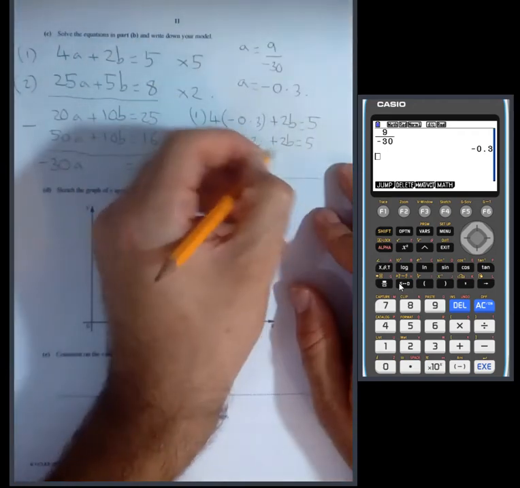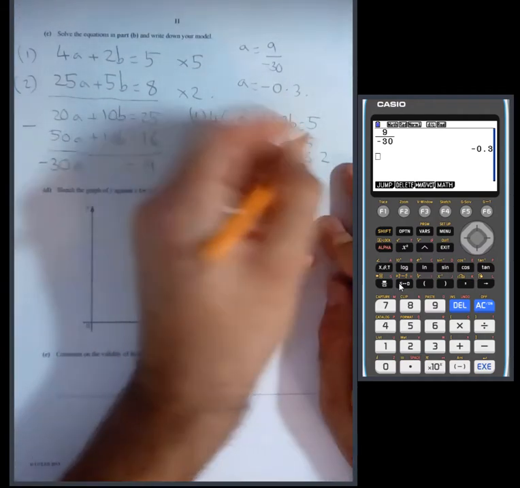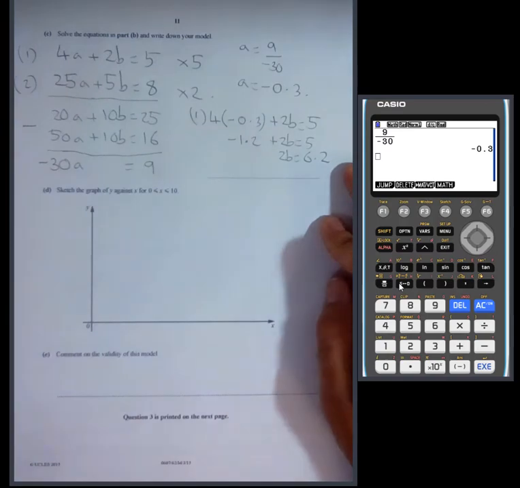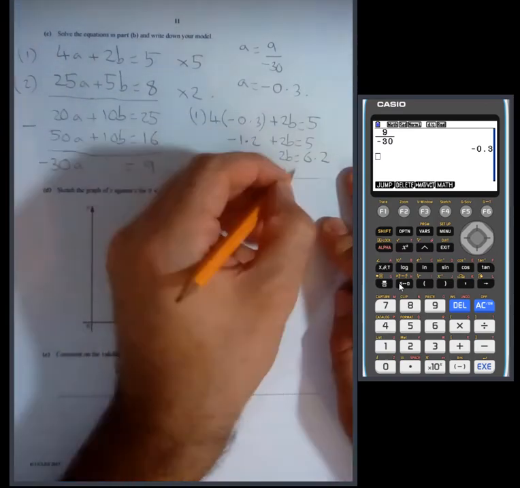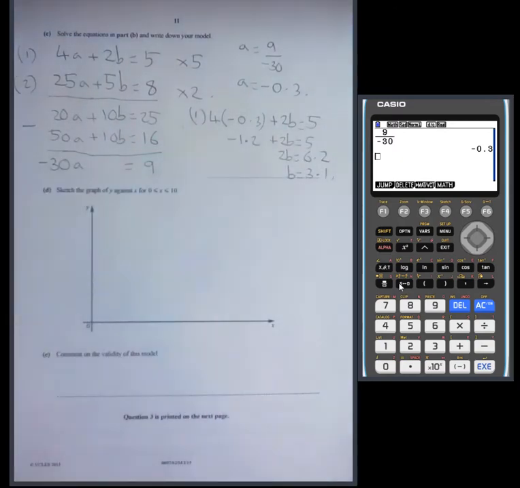Add the 1.2 to both sides. 2b is going to be 5 plus 1.2, which is 6.2, which means that b would be 6.2 divided by 2. b equals 3.1.